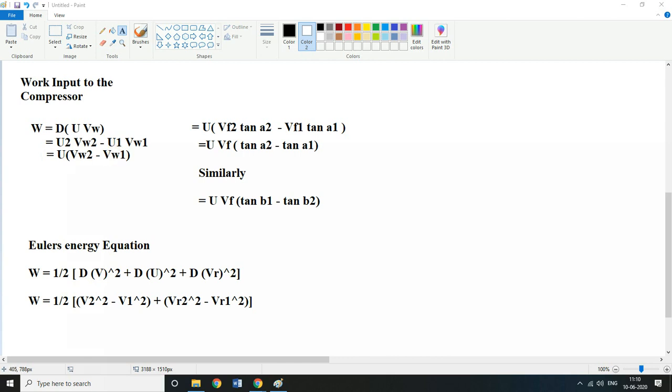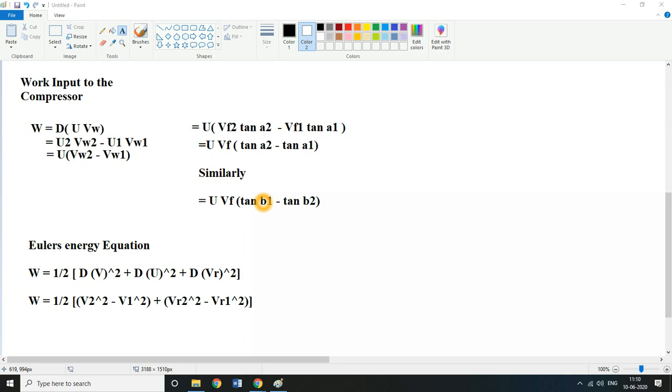Okay. Now using the trigonometric relations, we can write VW2 as equal to VF2 tan alpha 2 minus VF1 tan alpha 1. So since we assumed VF2 is equal to VF1, again we'll take VF common, and tan alpha 2 minus tan alpha 1. Similarly, for beta, we can write U into VF into tan beta 1 minus tan beta 2.